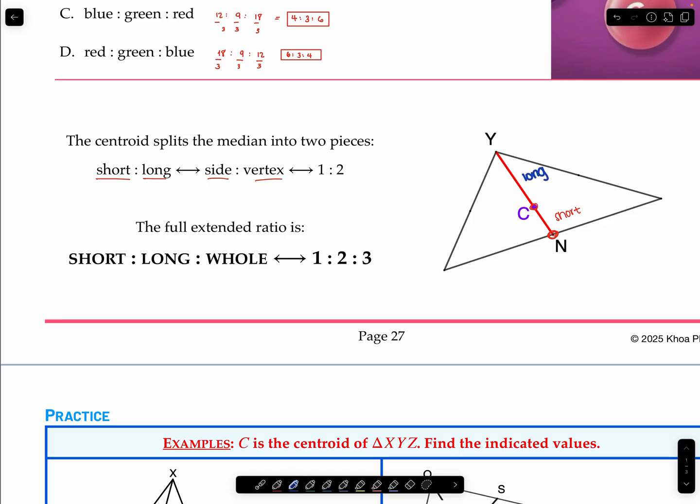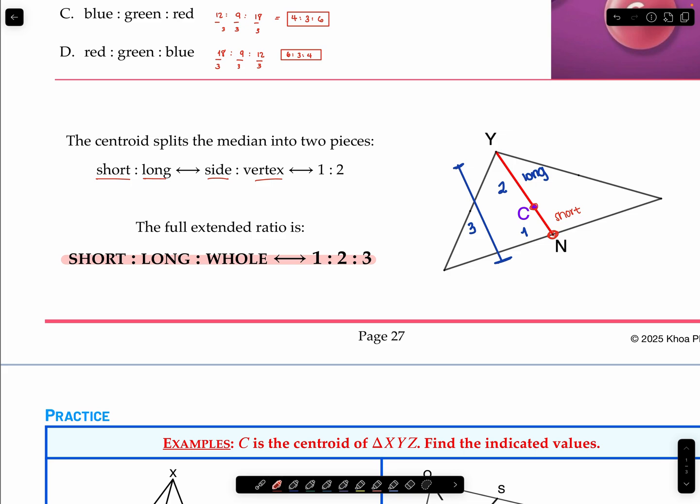And the ratio is that the short is 1 part to the long's 2 parts. And if you're looking at the entire median, that's then worth 3 parts. So the important part here is that the short to long to whole ratio is 1 to 2 to 3.